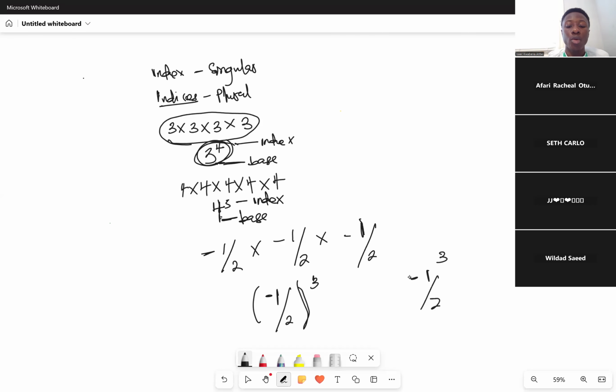When you do it like this, it's believed that the 3 is for just the negative 1, which is not the case. From this, you're trying to say negative 1 on 2 is recurring 3 times. So that means it's for the whole thing, not 1.